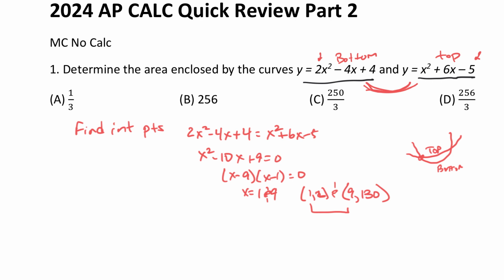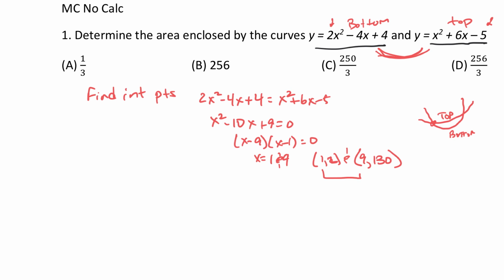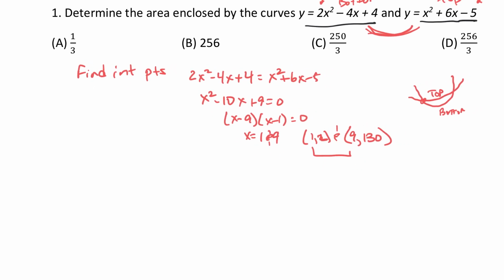So let's go ahead and set up our integral. I'm going to move this up a little bit more here. So these are the two intersection points: this is (1, 2), and this is (9, 130). So we have the integral from 1 to 9, and this is going to be the top minus the bottom, dx.